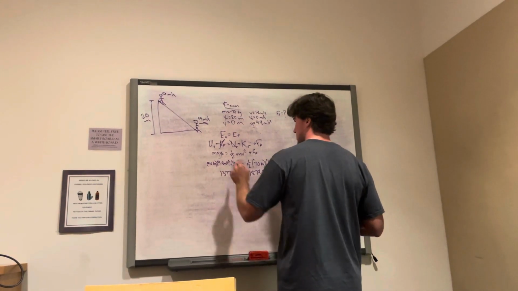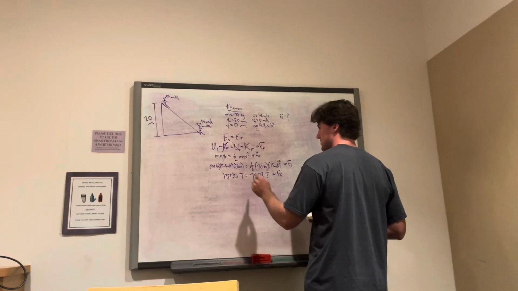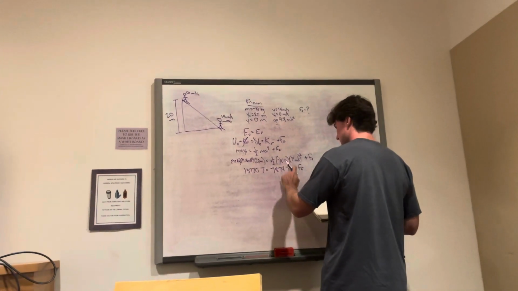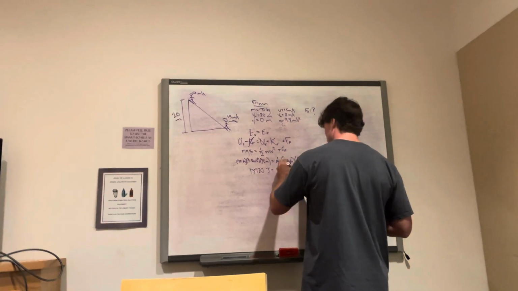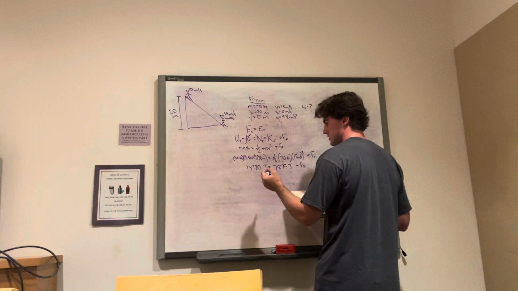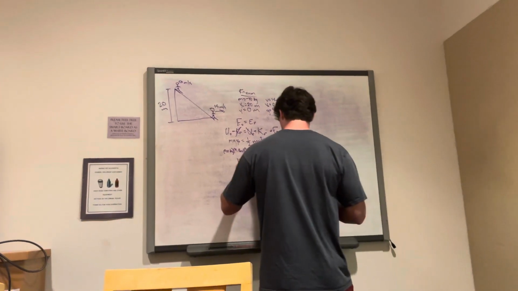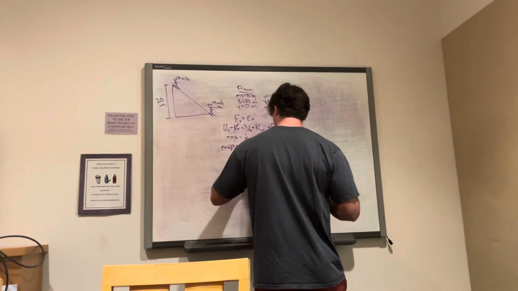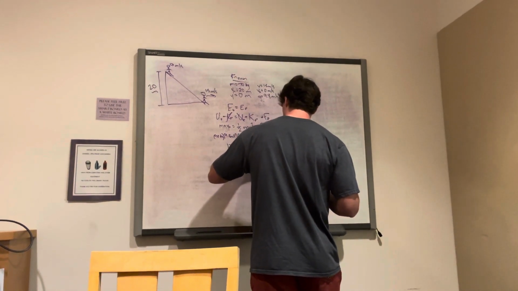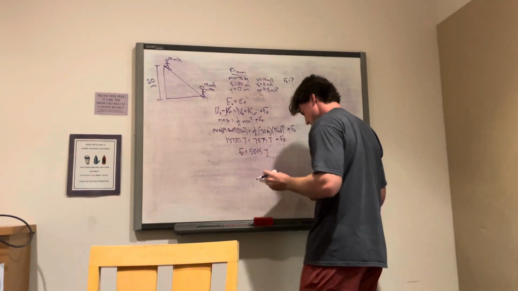So now we also know that friction will be the difference between these two numbers. So when I subtract 7,875 joules from 13,720 joules of potential, we get a force of friction that is equal to 5,845 joules.